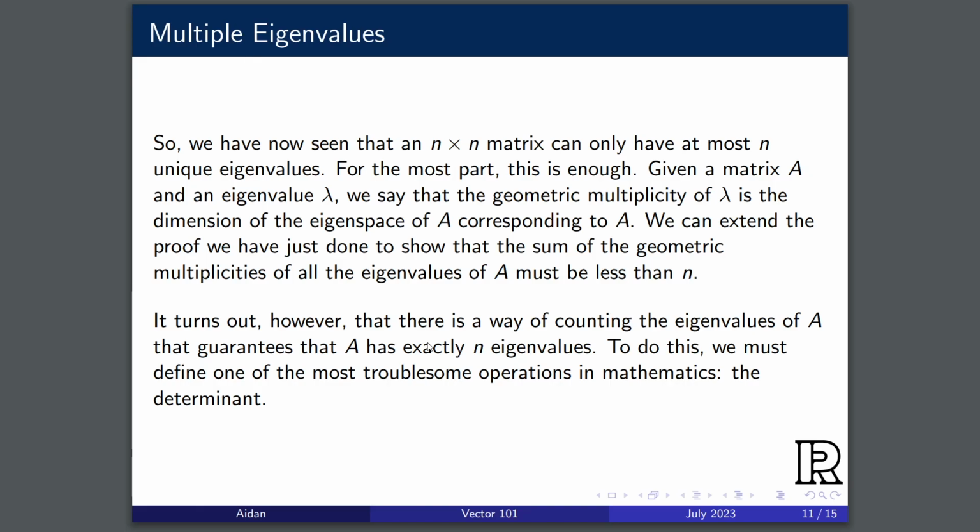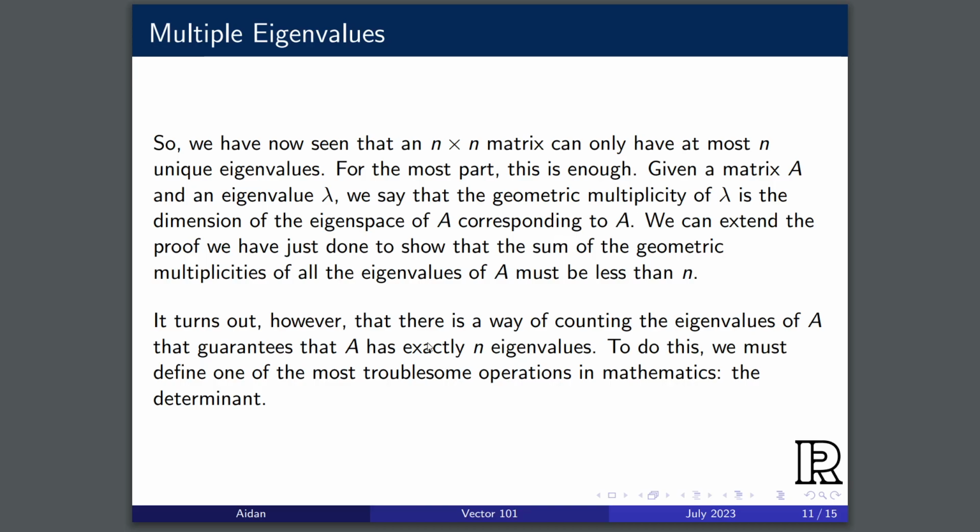But there is a way that we could count eigenvalues where we would always have n eigenvalues of A. Now, I just said that the identity matrix has only one eigenvalue, and I'm now saying that there's a way of counting eigenvalues where the identity matrix would have n eigenvalues. So what am I talking about?